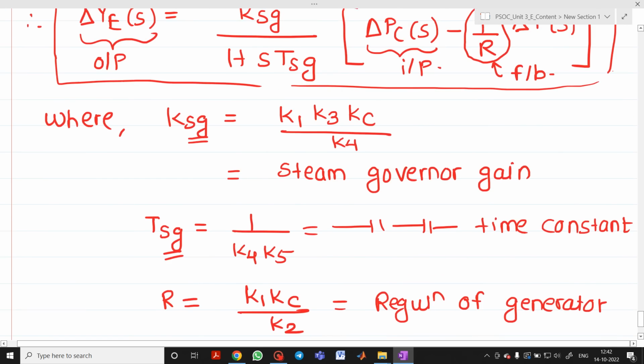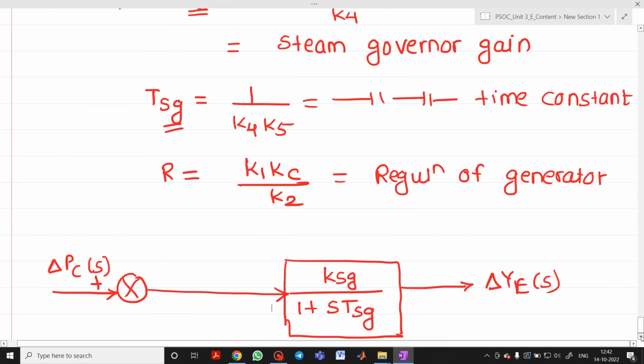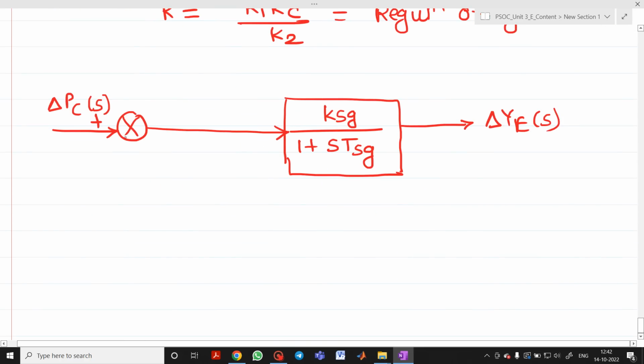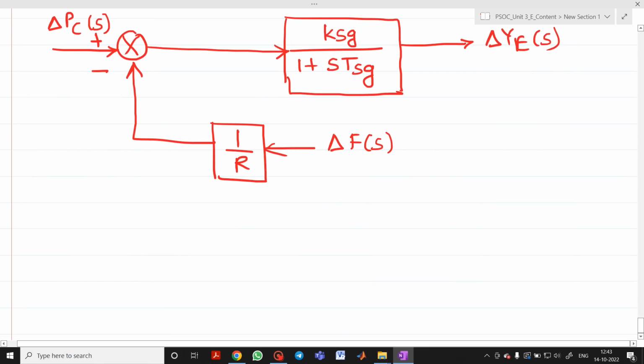And what is the next step? Minus 1 by R into delta F of S. As I told you, this 1 by R is nothing but a feedback, and it will be a minus. So here we will get 1 by R, and the input to this is delta F of S. So this is the partial completion of the complete block diagram of single area load frequency control.